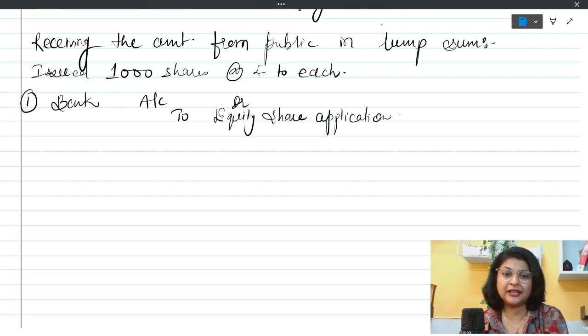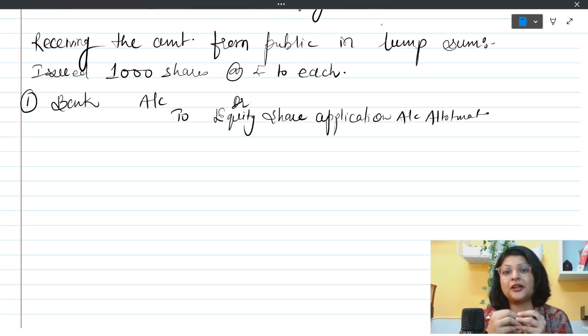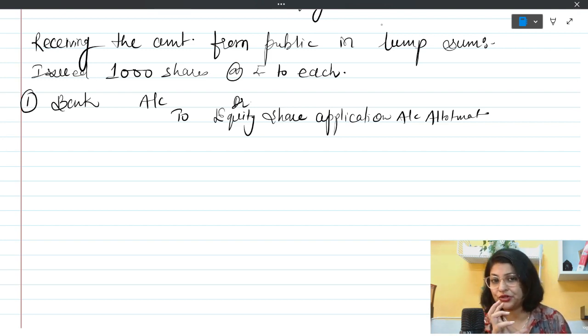Whenever the entire amount is taken in one go, there is going to be a combined entry, an application and allotment joint account, because this money is received and these shares will be allotted. Otherwise, when we take it in different installments, first the application money comes, and if the shares are not allotted, its money will be returned, and then allotment money is asked. But here you are taking it all together. That is why you will have to open a joint application and allotment account.